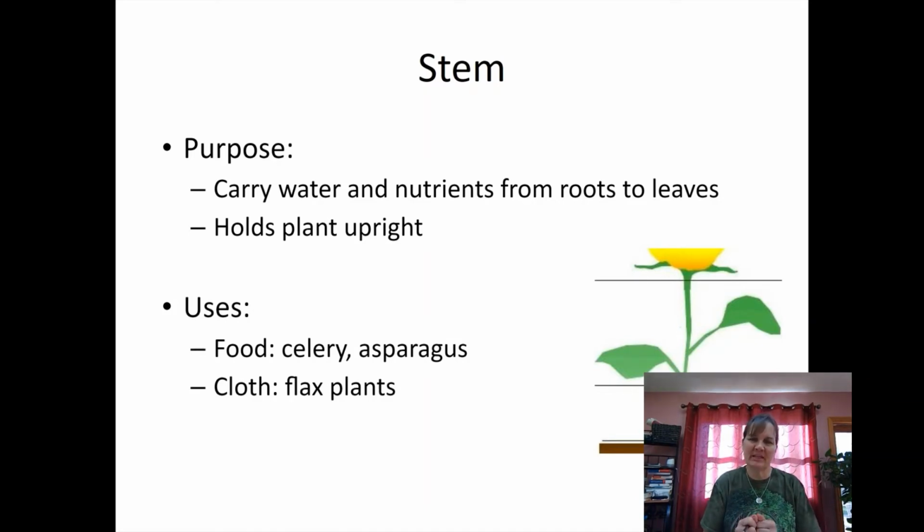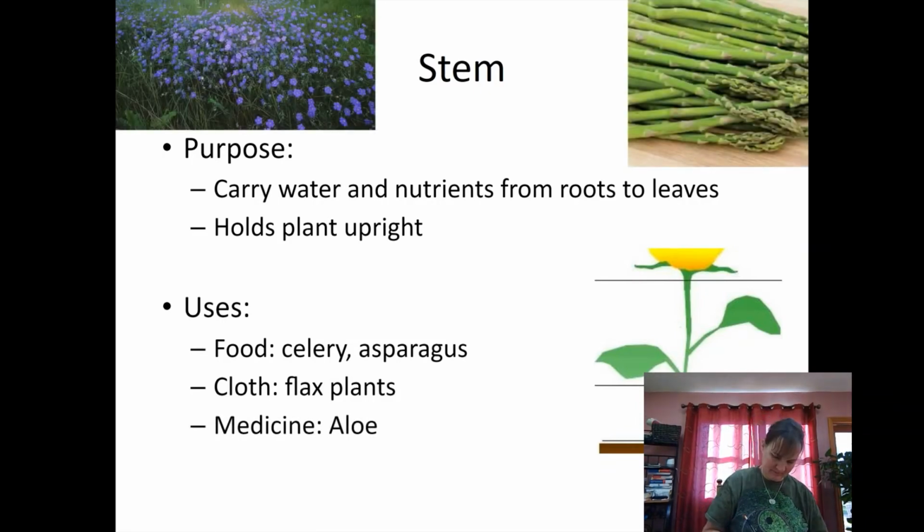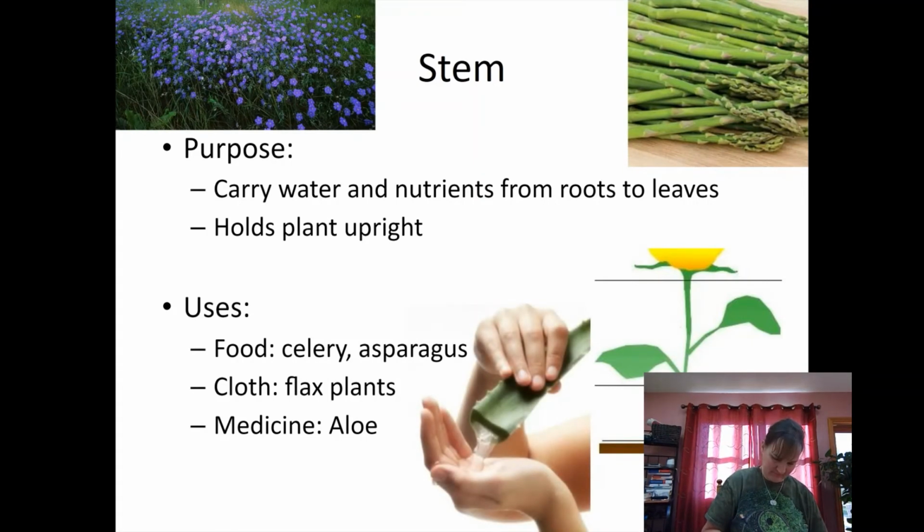Also has the ability to be used for cloth and medicine, such as aloe. So again, I try to share some pictures so you can be a little more familiar with the plants. But these are just some examples. There's so many more.